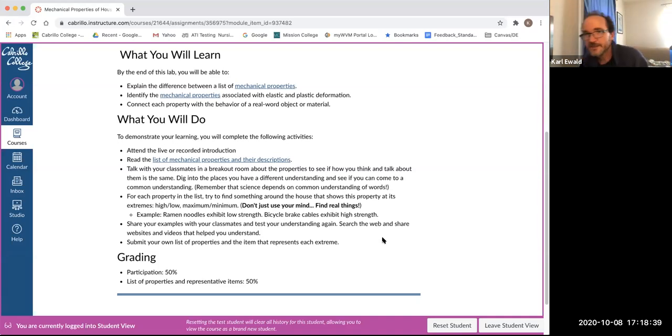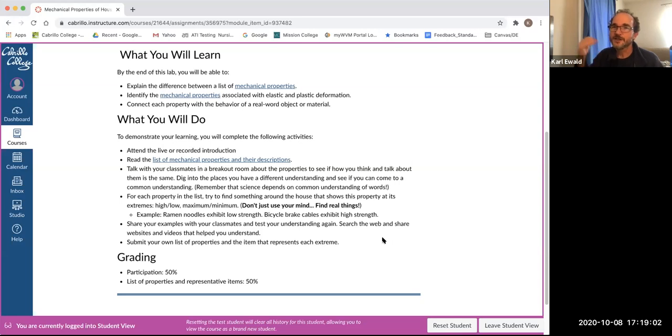So something that is very elastic versus something that is not very elastic, something that is very plastic versus not very plastic. So for each property, you're looking for two things: one that exemplifies it at its extreme, it's maximized, and one that's at the other end, which is minimized.